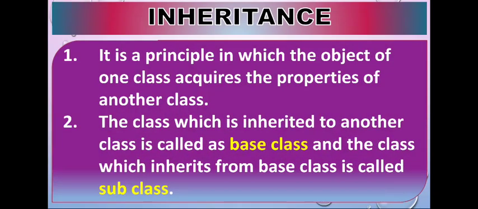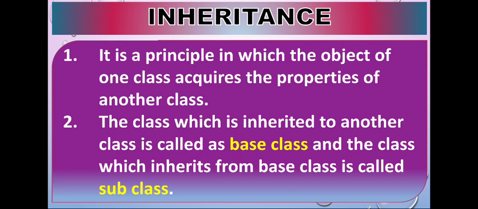Now the next one, inheritance. This particular principle is derived from the heredity of biology. As a child inherits from their parents, the child has some characteristics of their parents with its own unique characteristics, and this particular principle is based on that.